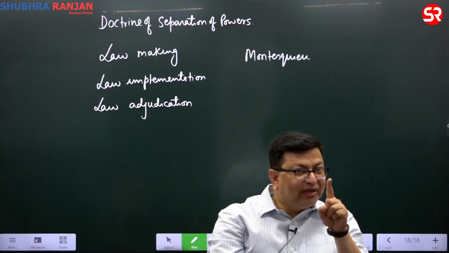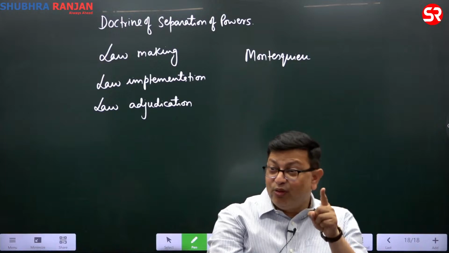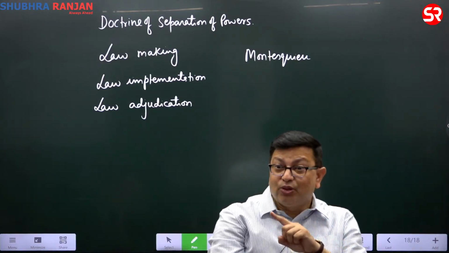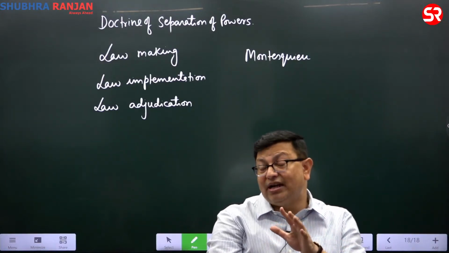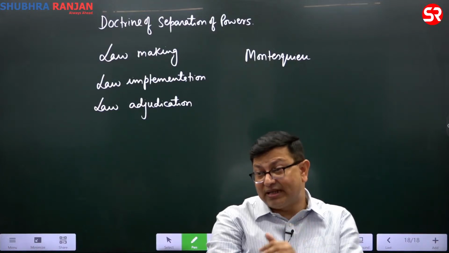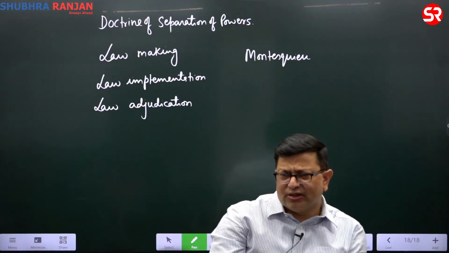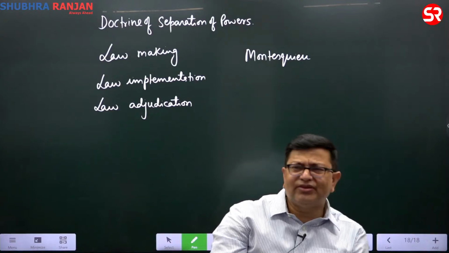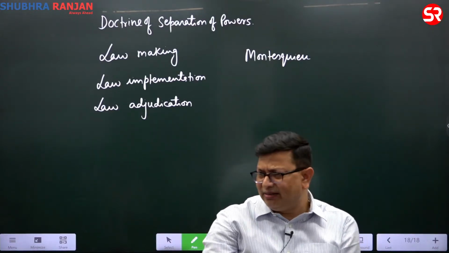So the executive will not try to influence the judiciary. The judiciary will also not interfere under, we can say, normal circumstances. So in our country also there is a concept of separation of powers to some extent.